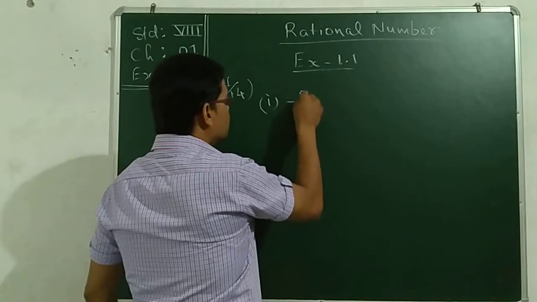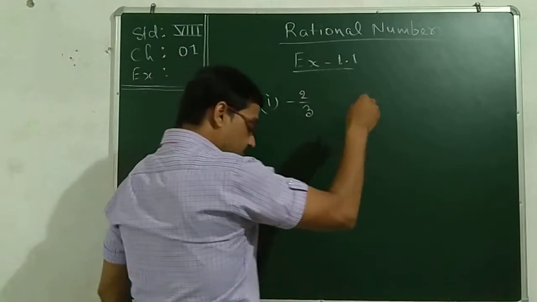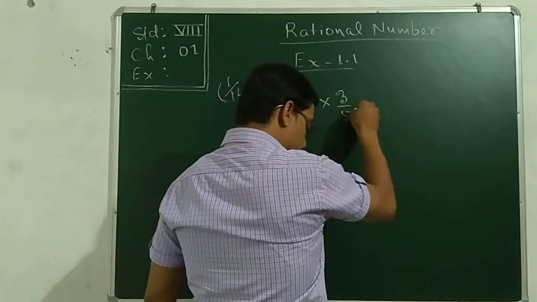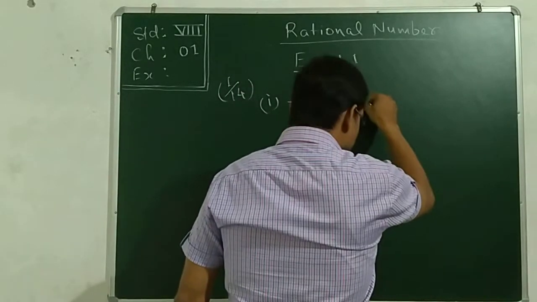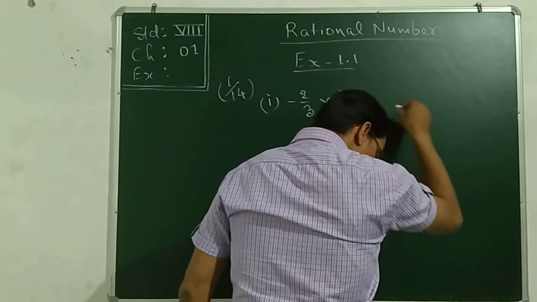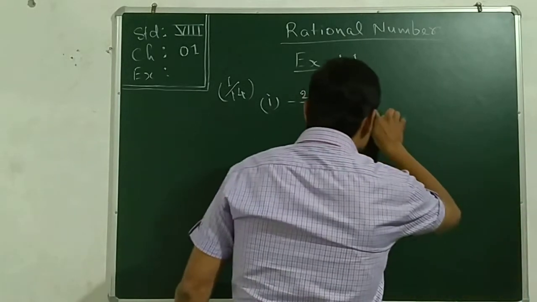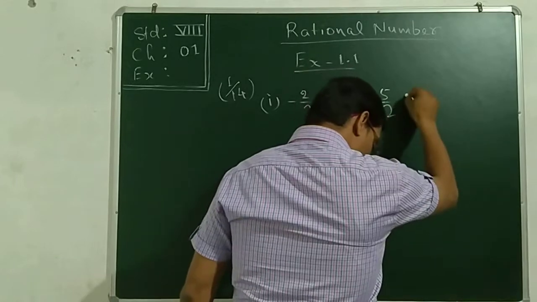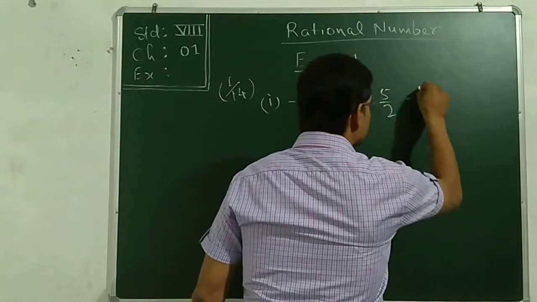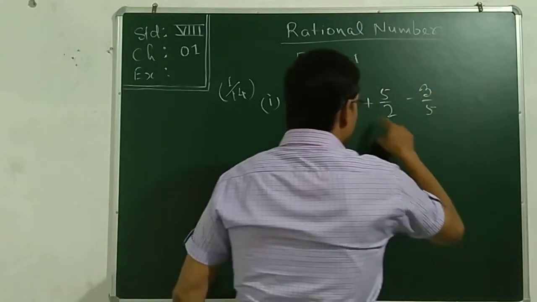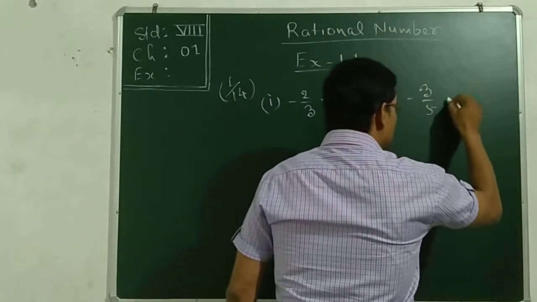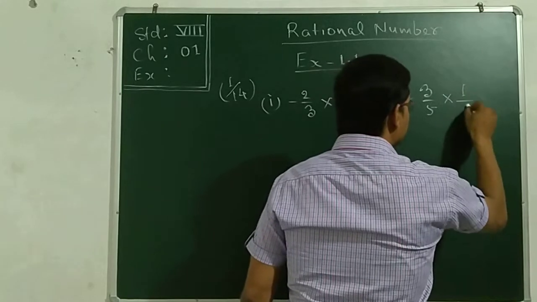First one is minus 2 by 3 into 3 by 5 plus 5 by 2 minus 3 by 5 into 1 by 6.